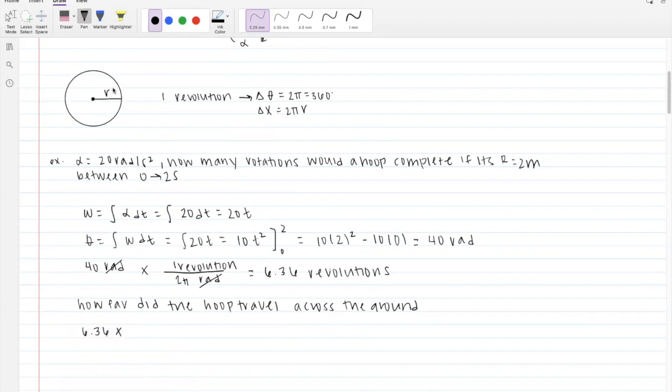And the fact that the circumference is 2 pi r, so 2 pi, and then the radius is equal to 2. So 6.36 times 4 pi is going to give us about 79.92 meters.